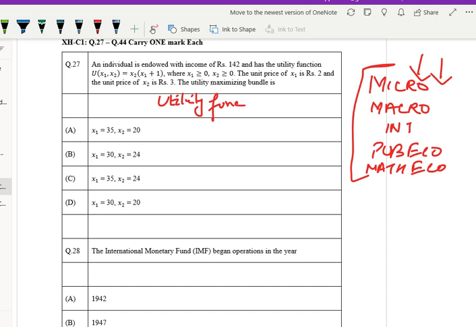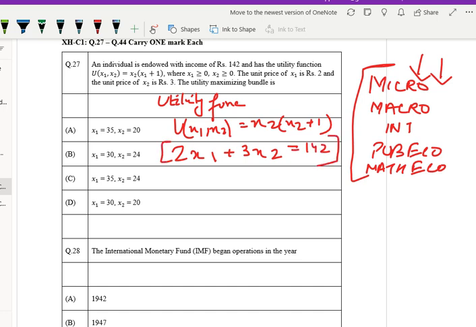The utility function is u of x1 x2 is x1 x2 plus 1. Your budget constraint is 2x1 plus 3x2 is 142. This is your budget constraint, right? Now prices are given. P1 is 2, P2 is 3.